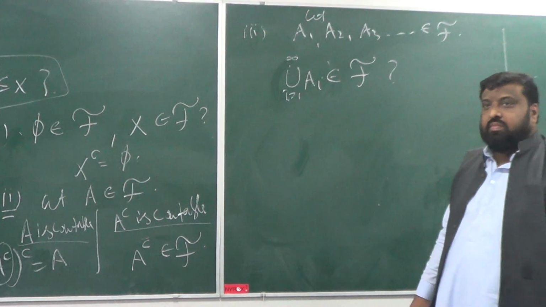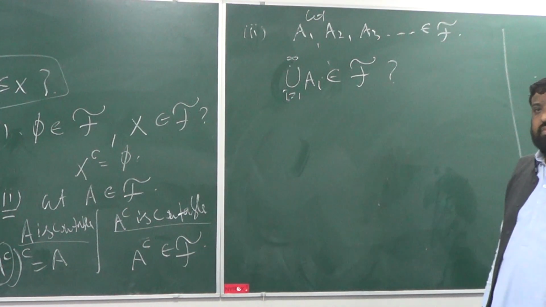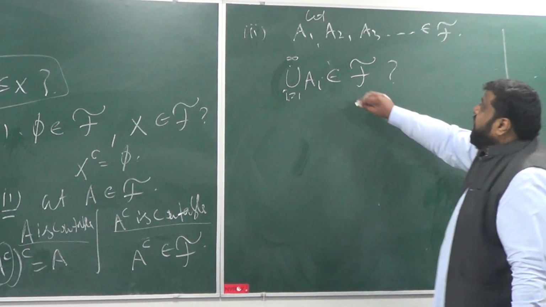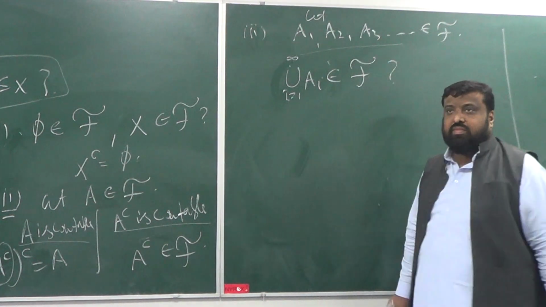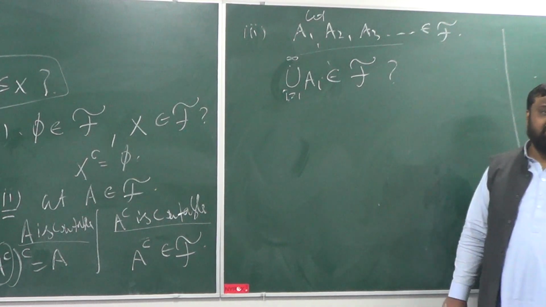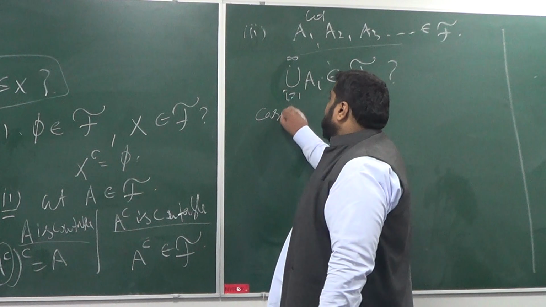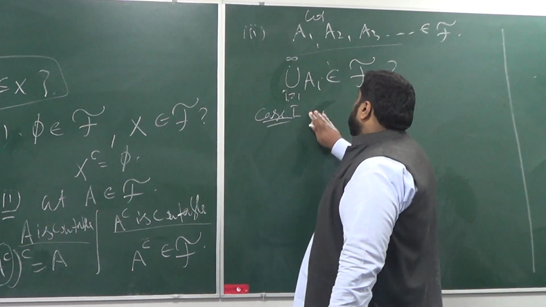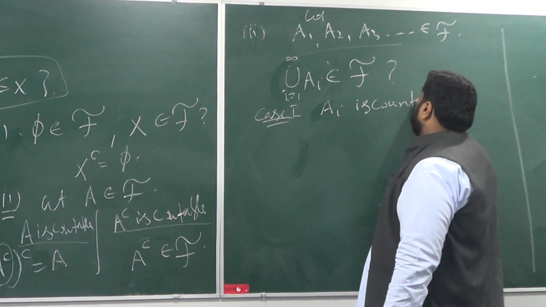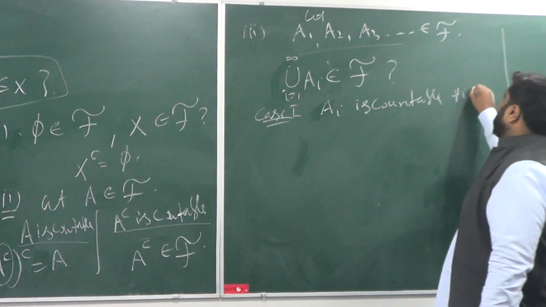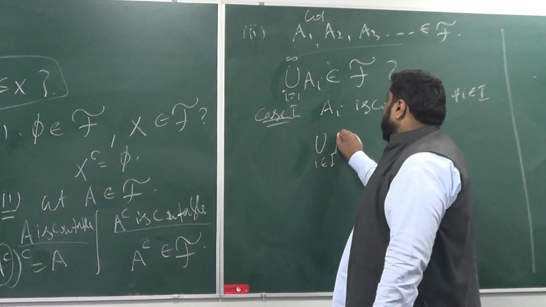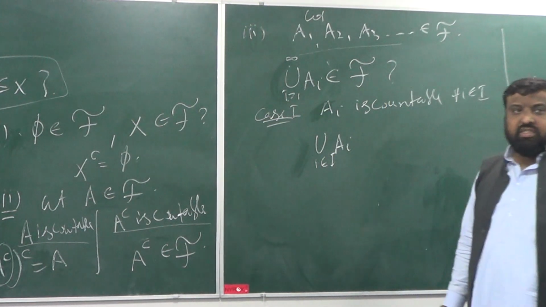Good. So you have different possibilities now. If all of these are countable, then their union is countable. That's just case one: if A_i is countable for all i, then we know from analysis that a countable union of countable sets is countable.